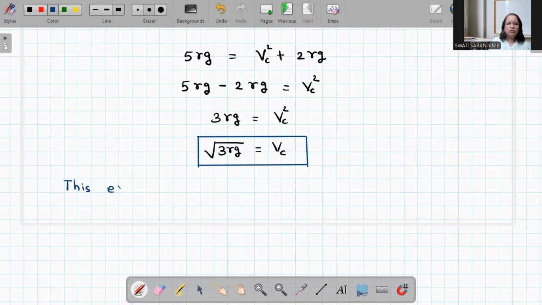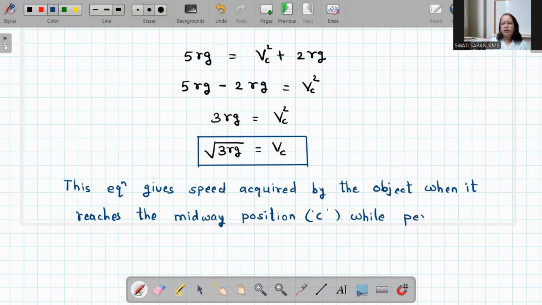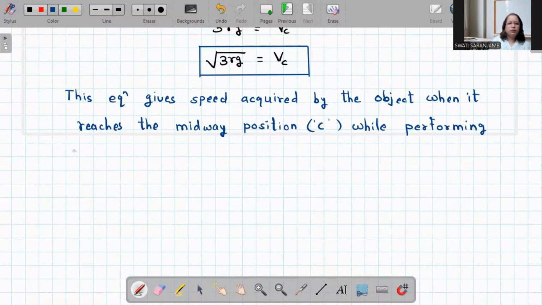This equation gives the speed acquired by that object when it reaches the midway position, point C, while performing vertical circular motion.